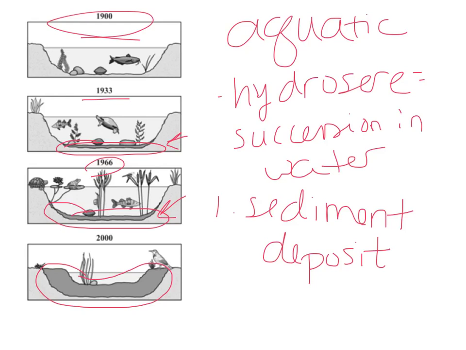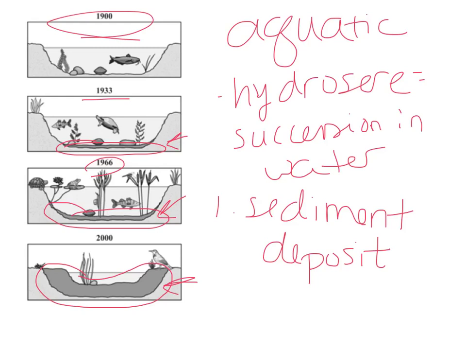It could be from decaying leaves, tree limbs, dead organisms that have fallen in the lake. It doesn't matter where it came from. We're just starting to accumulate soil and silt and sediment deposit down at the bottom of the lake. It's going to have some organic material in it because some of it will come from dead organisms, decaying and dying, dead plants. And some of it will just be dirt.